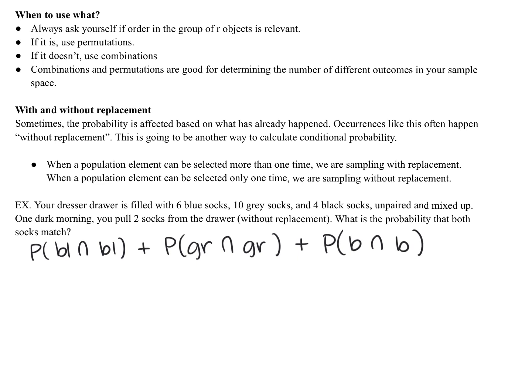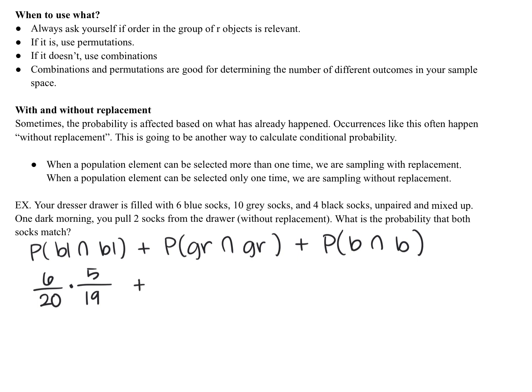So for my blue and blue, the probability the first sock is blue is 6 out of my total number of socks in my drawer, 20. My second probability is going to now change based on that first pick. So assuming my first sock is blue, there are no longer 6 blue socks in my drawer. There's only 5. And there are also no longer 20 socks, there are 19.